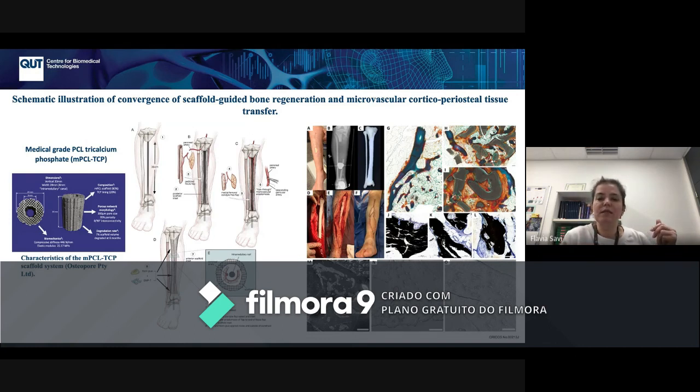So with this technique, the cortical periosteal flap, you would have vascularization inside of the defect, which would help for the healing. So this was already translated into clinical settings to a 36 centimeter defect. The patient, it was like 4 years ago, the patient is walking again and has a functional leg again, which is really good, very promising.